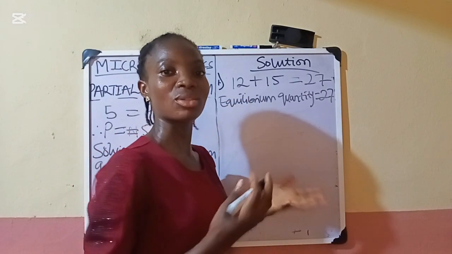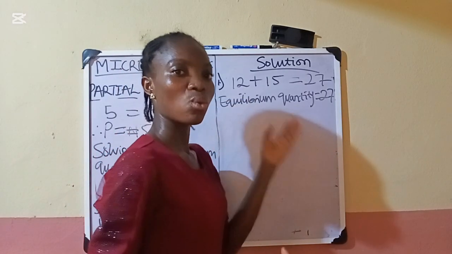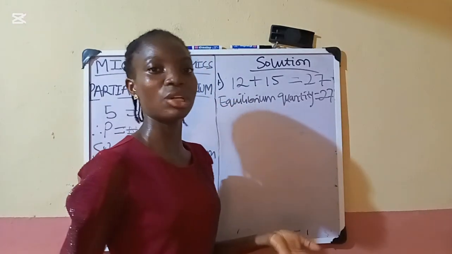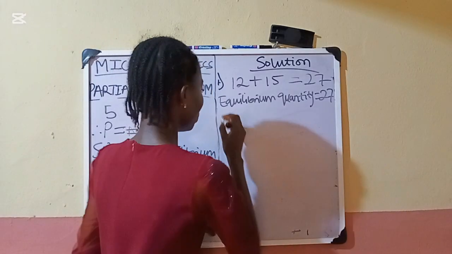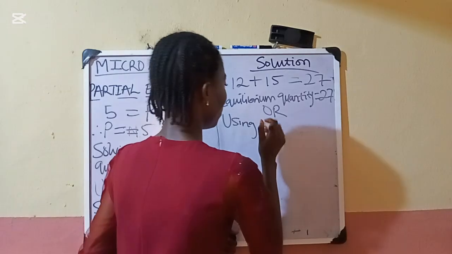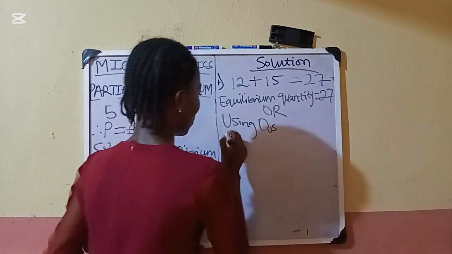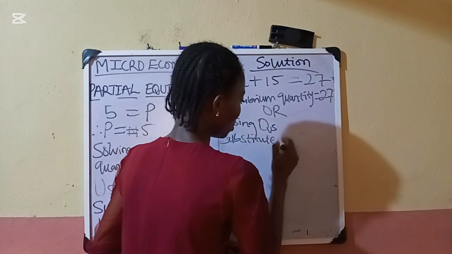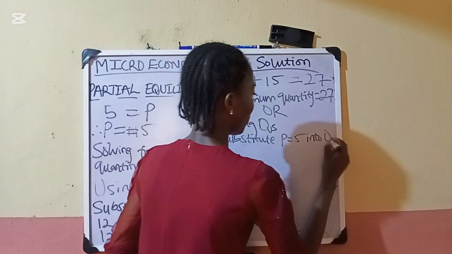Let's use our supply equation to know if our answer will actually be the same when we use our demand equation. Now, our supply equation is given as 6P minus 3. So remember this is an alternative. Using supply, we substitute P equals 5 into the supply equation.